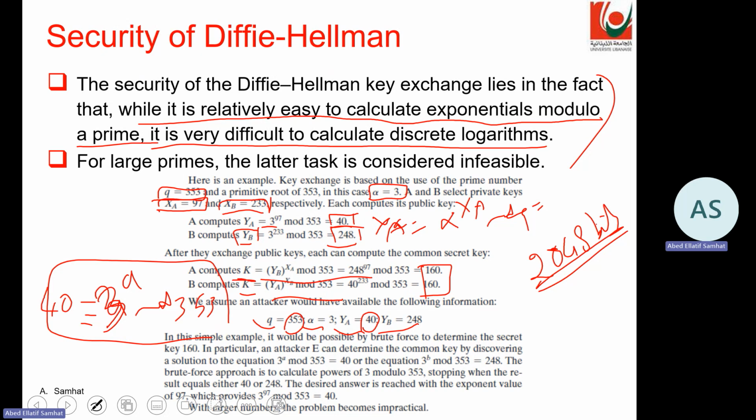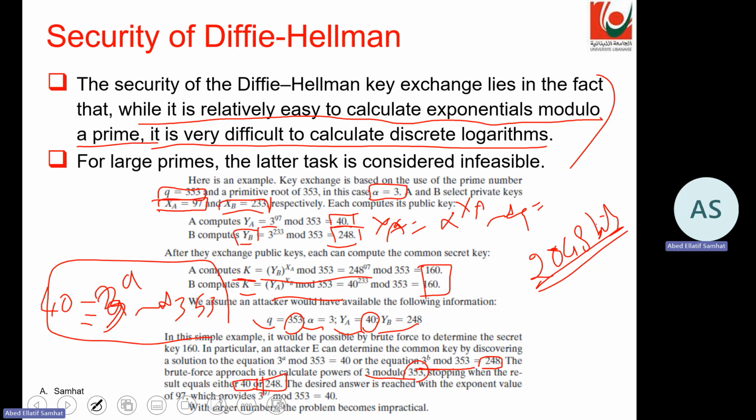And for the other one, what's the value B such that 3 to the power B equals 248 modulo 353? So the brute force attack here is to calculate the powers of 3: 3, 9, 81, and so on, all of them modulo 353, in order to stop at a certain time, either at the value of 40 or at the value of 248.